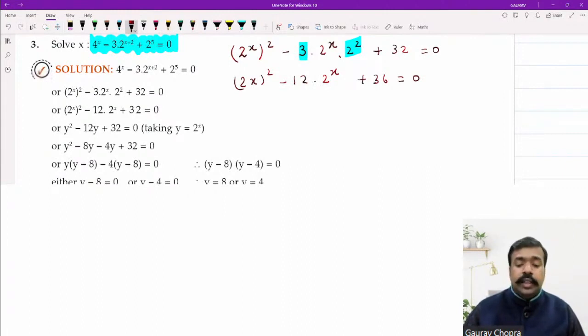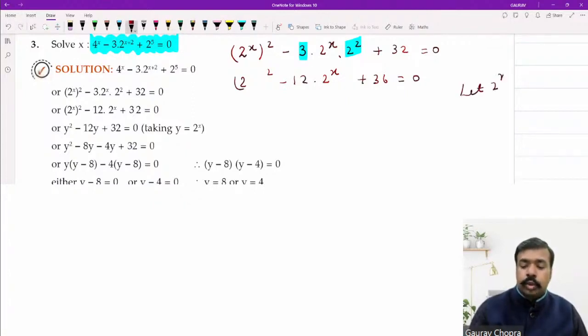For converting it into whole square, or we can say for some better simplification, what can be done? We can let 2 to the power of x as y.